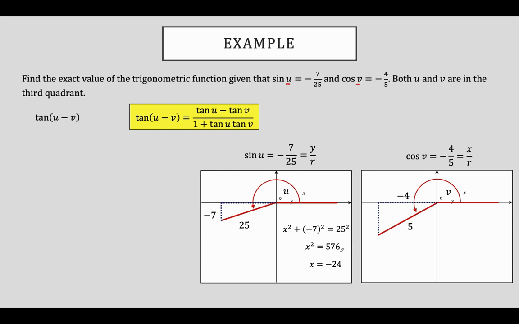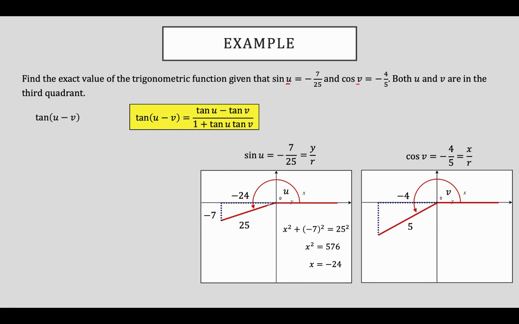Just double check. Notice that x is negative because this angle is in the third quadrant, right? We are going to the left, therefore the x-coordinate must be negative 24. So we're going 24 units to the left, 7 units down, and that gives us the endpoint of our terminal side of angle u.